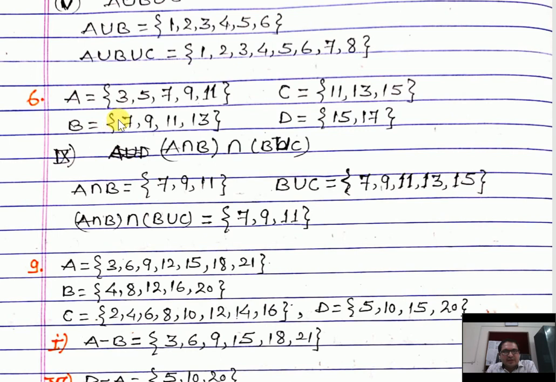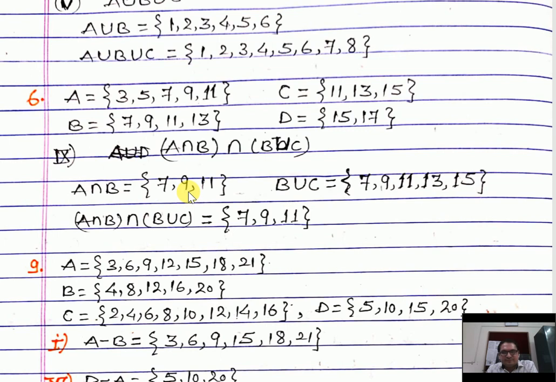Question number 6. A equal to 3, 5, 7, 9, 11, B is equal to 7, 9, 11, 13, C equal to given, D given. You have to find ninth part. The remaining parts you have to do as homework. A intersection B union C. So first you find A intersection B. 7 common, 9 common, 11.